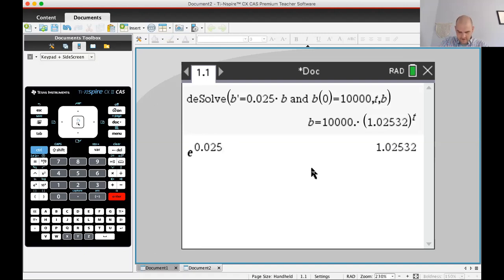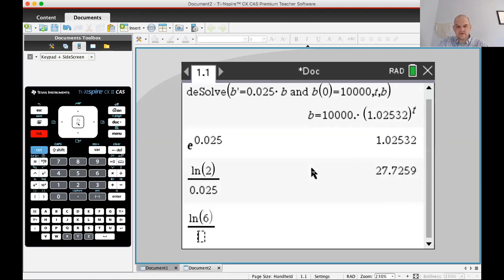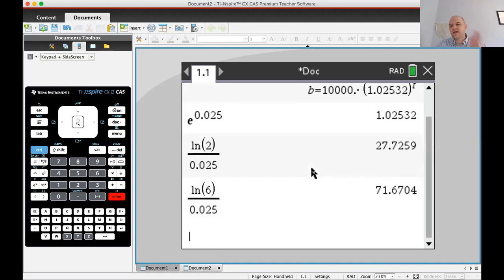Let's figure out what the natural log of 2 divided by 0.025 is. And then let's figure out what the natural log of 6 divided by 0.025 is. Okay, so these are the values. I'd like to play around with this more, but I'm hoping that I'm able to get back to the notes to show them to you again. Let me just jot these down. 27.726.